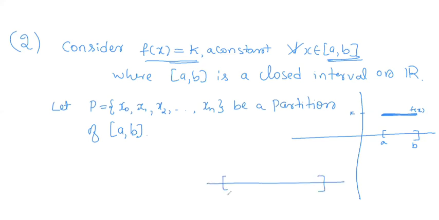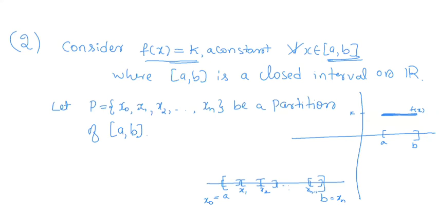This is the closed interval a comma b, and we have considered a partition of it: x0, x1, x2, so on, xn minus 1, xn. As we have discussed earlier, any partition of a closed interval will divide that interval into subintervals: first x0 to x1, x1 to x2, x2 to x3, and so on, up to xn minus 1 to xn.